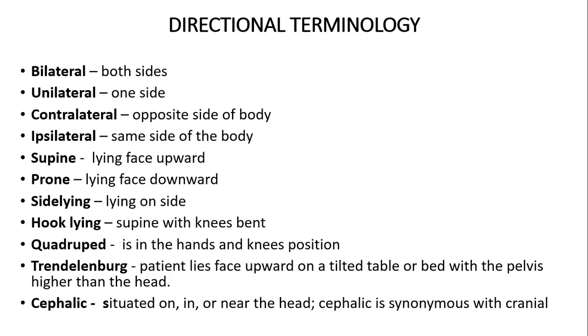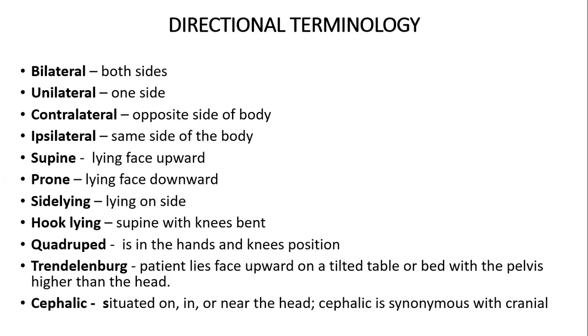Contralateral means the opposite side of the body. So again, when I'm talking about the left sternocleidomastoid, it rotates contralaterally and it laterally flexes ipsilaterally. Ipsilateral means on the same side of the body.